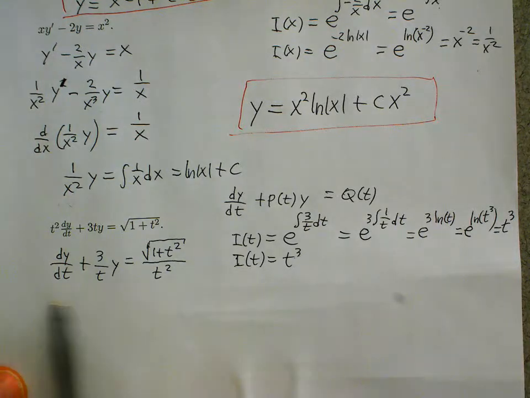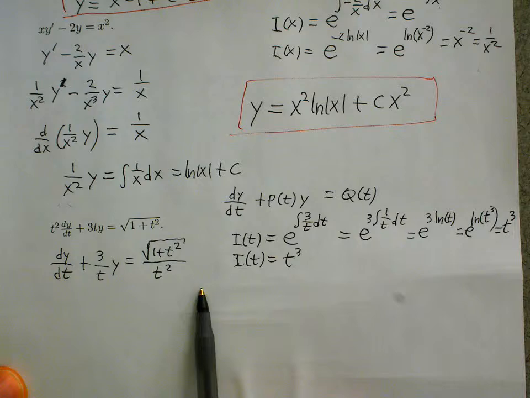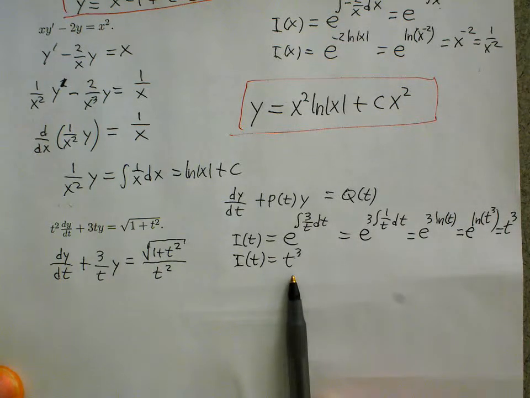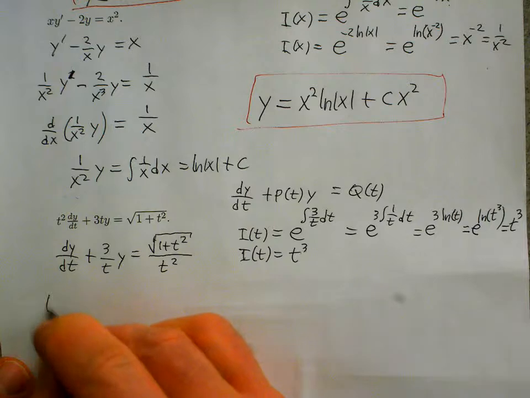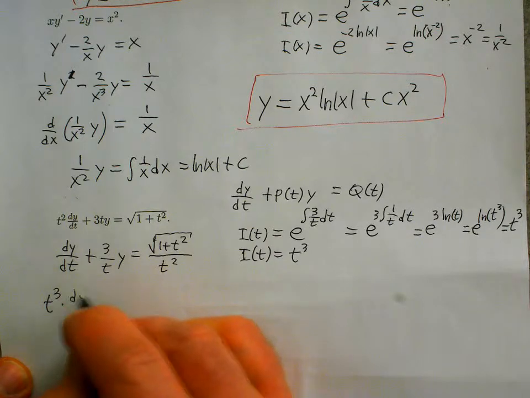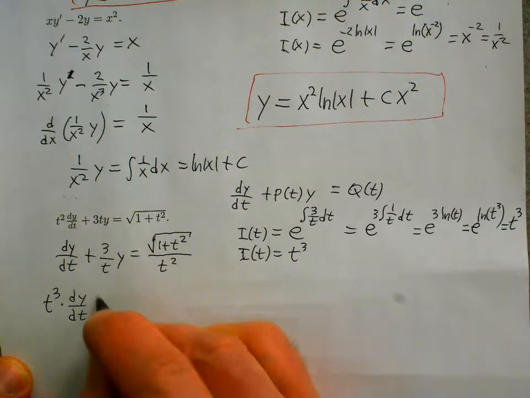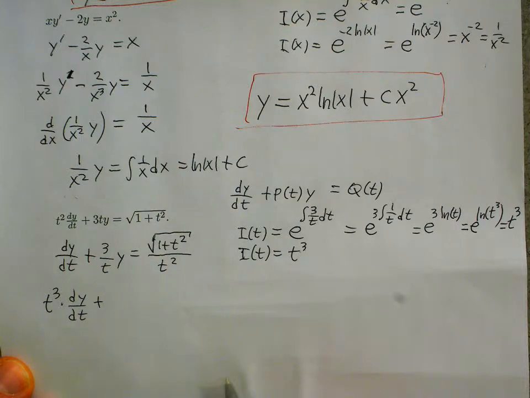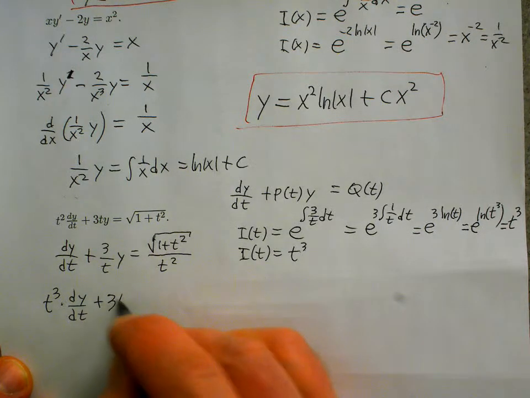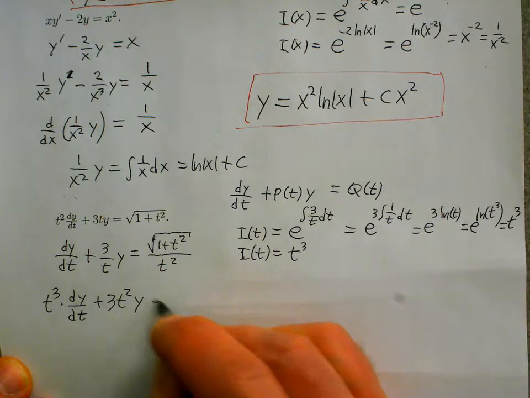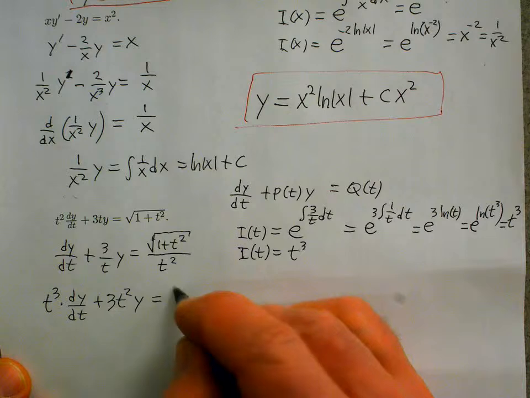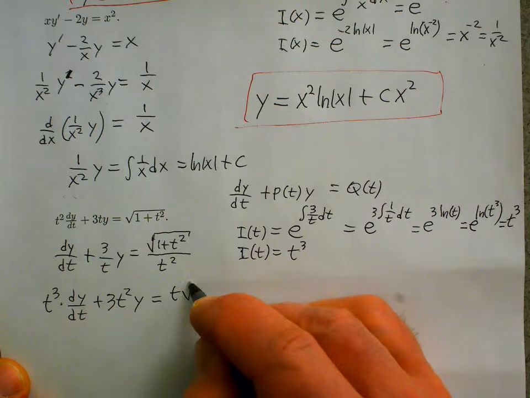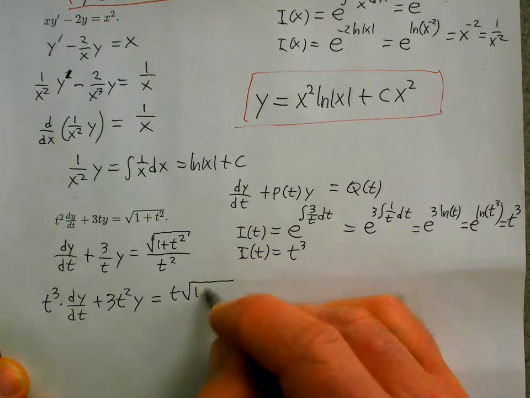Okay, so we multiply both sides of this equation by the integrating factor t to the third. And we get t to the third times dy/dt plus 3t to the second y. And then on the right-hand side, when we multiply by t to the third, we'll just be left with t times the square root of 1 plus t to the second.